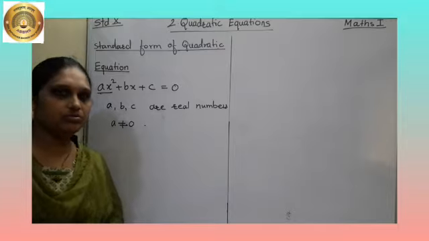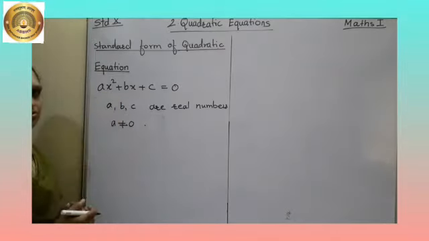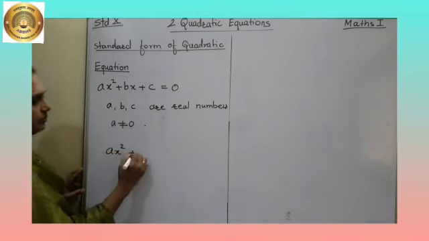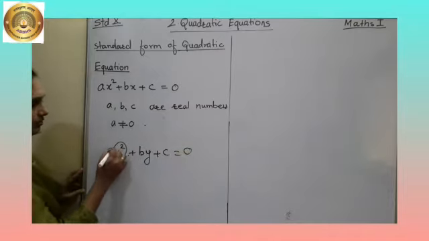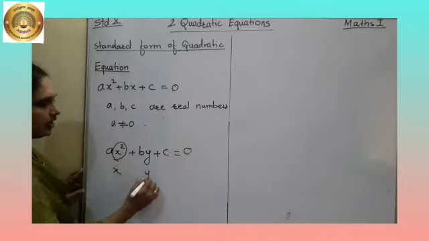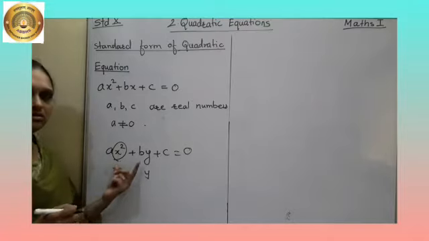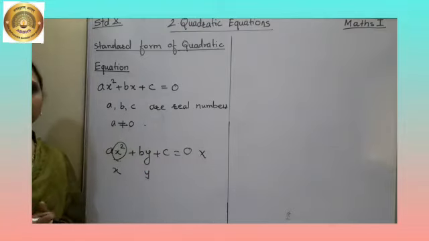One variable means what? In this standard form, if you observe, x is used everywhere. I have not written, ax square plus by plus c equal to 0. That means two variables, x is one variable and y is another variable. If equations are like this, then they are not quadratic equations.